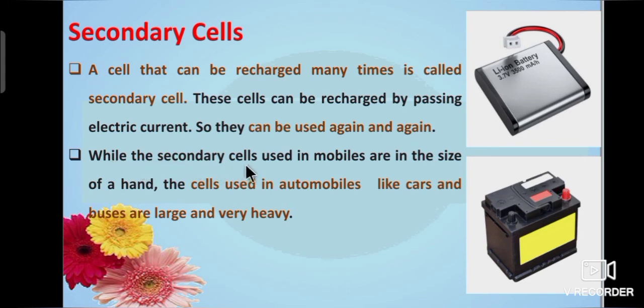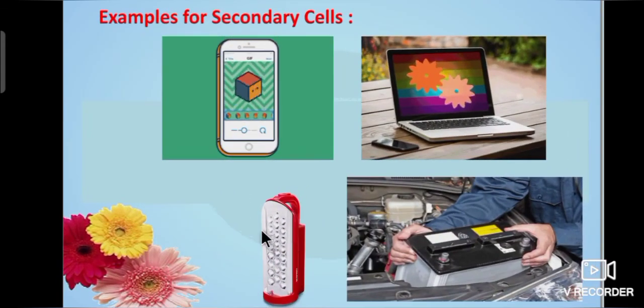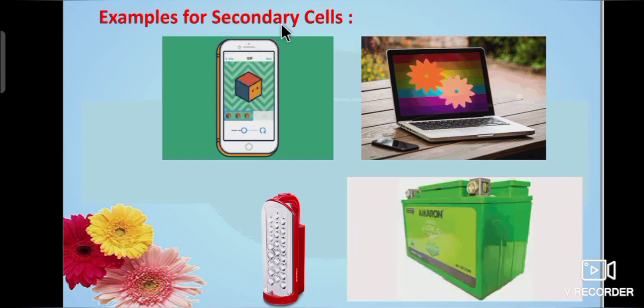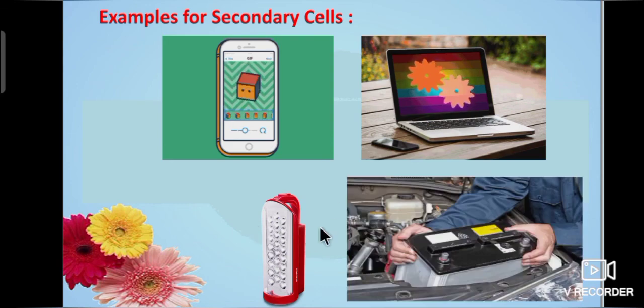While the secondary cells used in mobiles are the size of a hand, the cells used in automobiles like cars and buses are large and very heavy. Secondary cells are used in mobile phones, laptops, emergency lamps and vehicles.